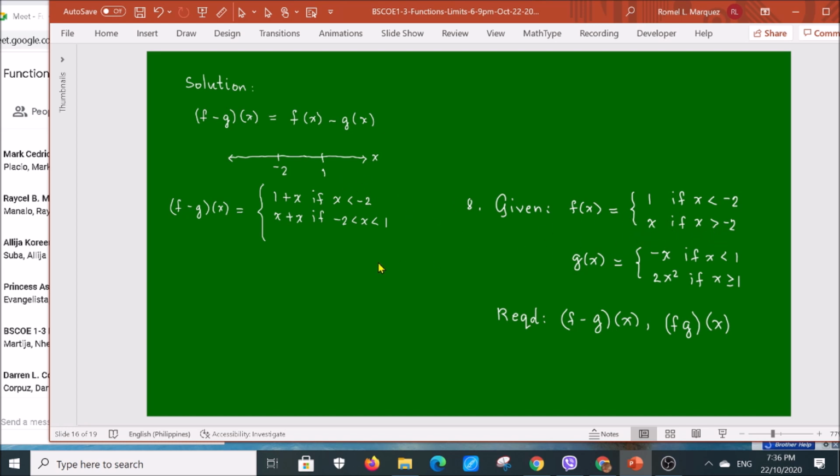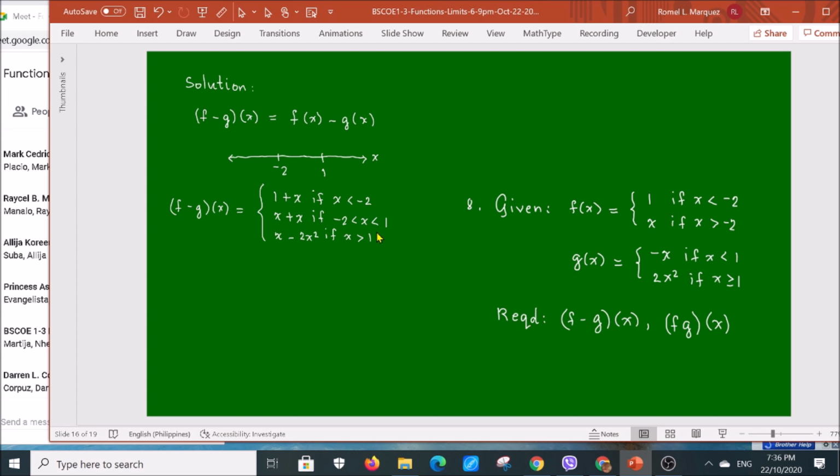So I'm going to use x again for f minus g. But what is g when x is to the right of 1? It is 2x squared. So minus 2x squared. That is if x is greater than or equal to 1.